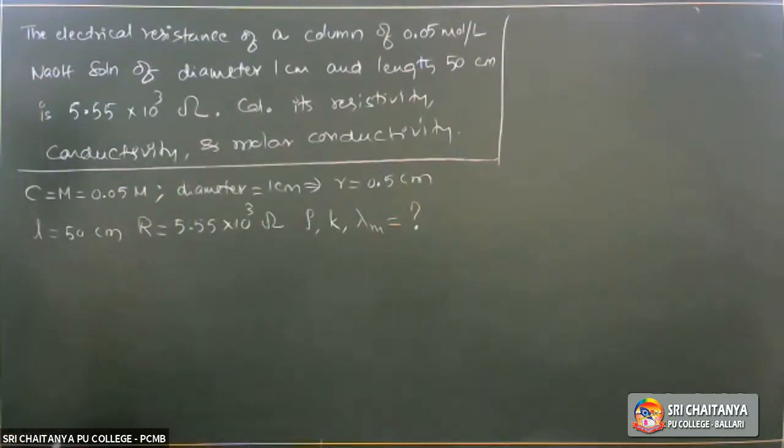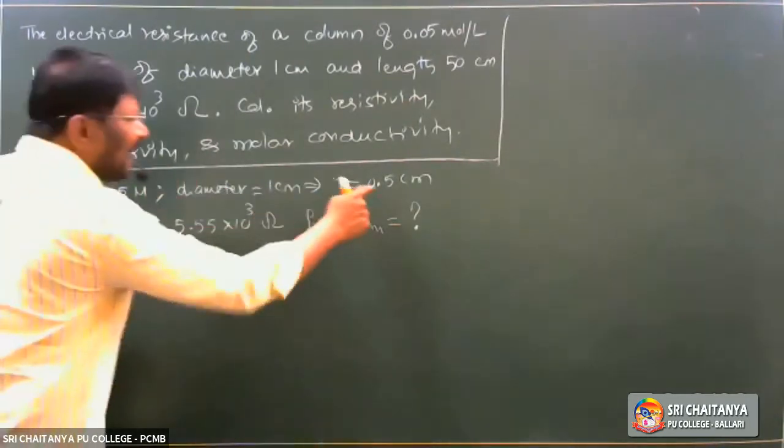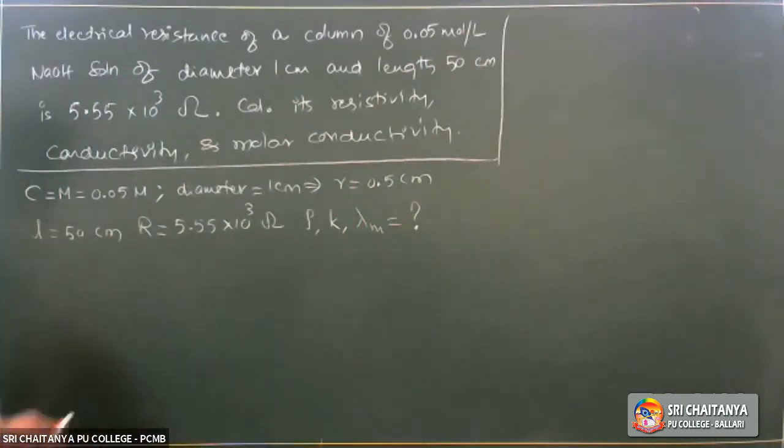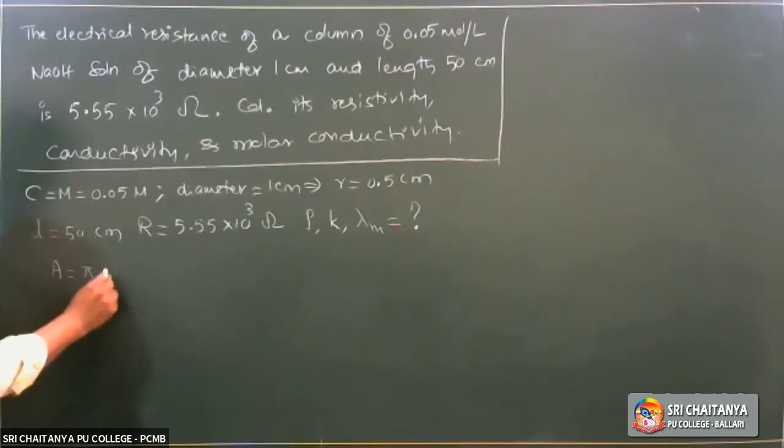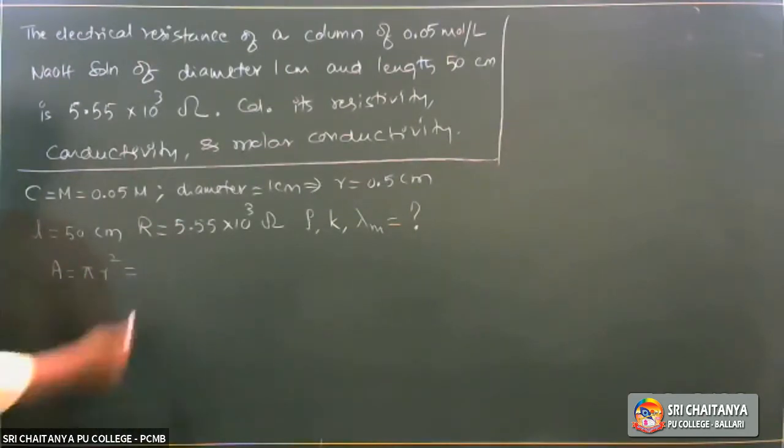First of all, the radius is given as 0.5. Now, the cross-sectional area A, how much is it? For this we have the formula pi r square.